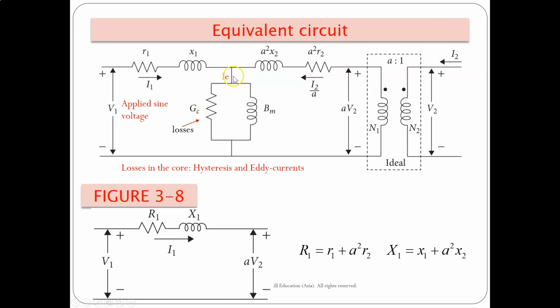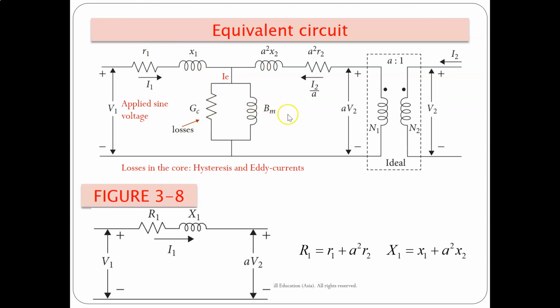When we talk about the losses, we typically have core losses that can be hysteresis losses, from cyclic changes of direction of the flux in the iron. We can also have circulating currents that are induced, the eddy currents, the ohmic losses in the system. It's worth noticing that the current in this B is much larger than in the conductance here.